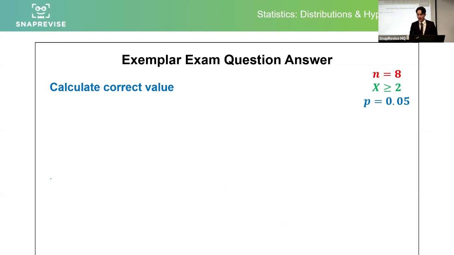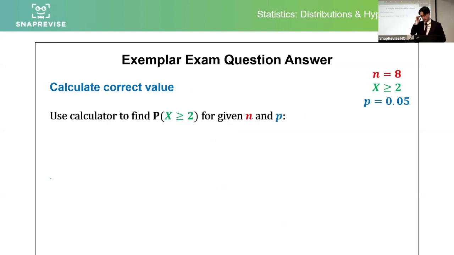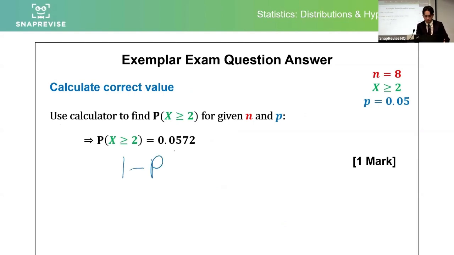So to correctly calculate this on your calculator, greater than or equal to 2, some of you will have a calculator that can do that. But if your calculator only does binomial cumulative from below, you will have to do this method where you do 1 minus the probability of less than 2. So basically 1 minus less than or equal to 1.